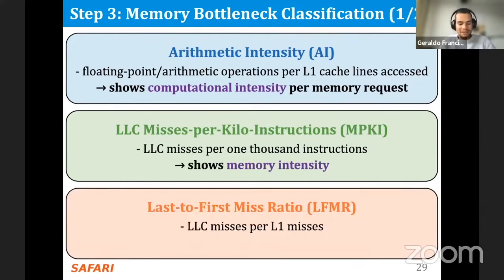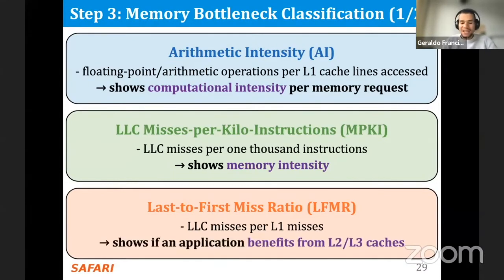And finally, we design a new metric called last-to-first miss ratio, or LFMR, which is defined as the number of last-level cache misses divided by the number of L1 cache misses. This metric can show the benefits that the L2 and L3 caches provide for the application. If the application has an LFMR close to 1, it means that very few L1 misses hit in the L2 and L3 caches.